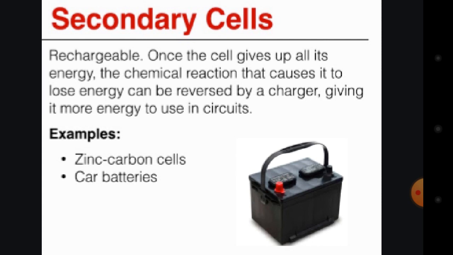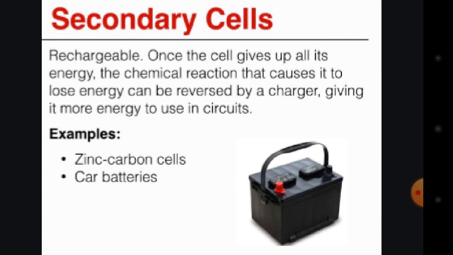If you look down here, we have a diagram of the secondary cells. This is a battery, and it is a secondary cell. Why? Because it can be recharged. An example of secondary cells is a car battery. The battery that a car is using is called a secondary cell, because it is rechargeable.